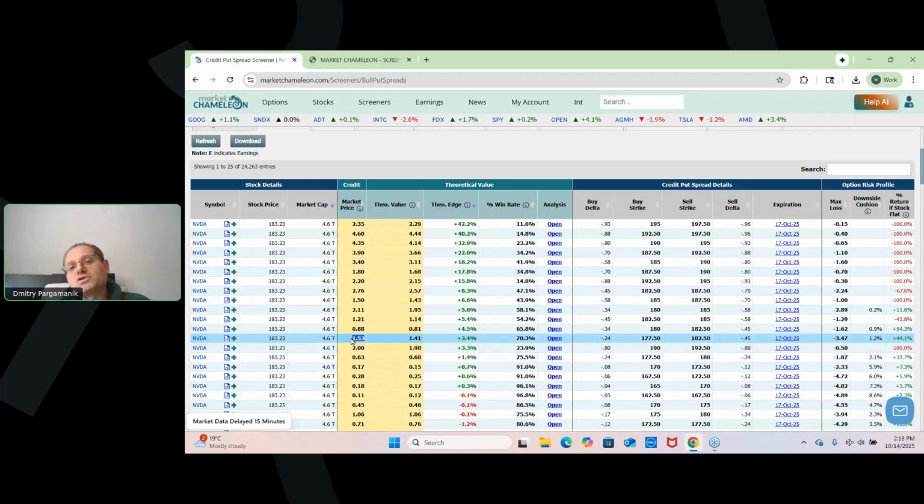You keep the credit. Both puts would expire worthless, right? If the stock's above 182.5, both expire worthless. Well, since the stock's already above 182.5, even if the stock sits here, both these options will expire worthless at expiration, and you keep the entire credit that you sold it for.